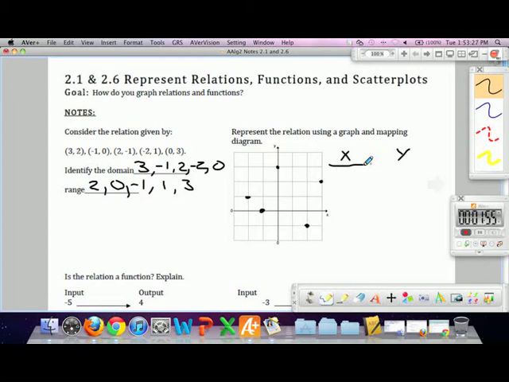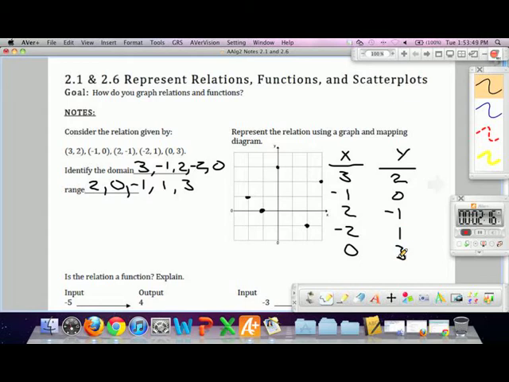In this case, none of them are repeated, so our mapping diagram will look something like 3, -1, 2, -2, and 0. We'll list all the unique range outputs. In this case, they're all unique as well. So we'll have 2, 0, -1, 1, and 3.